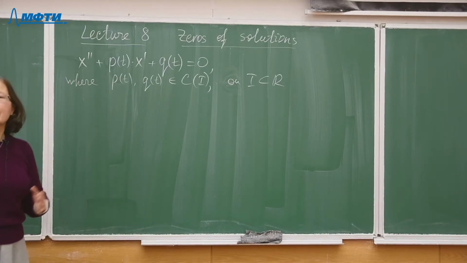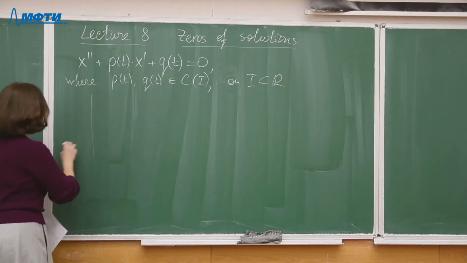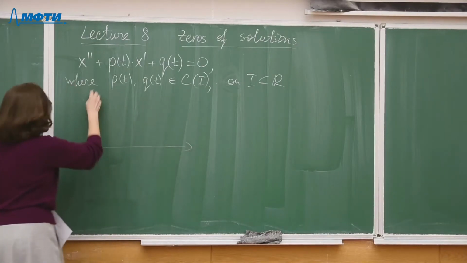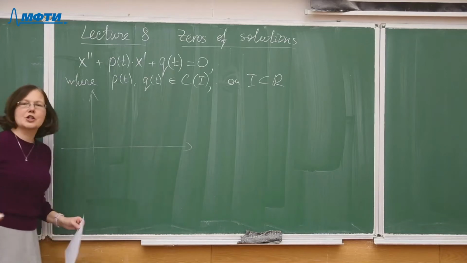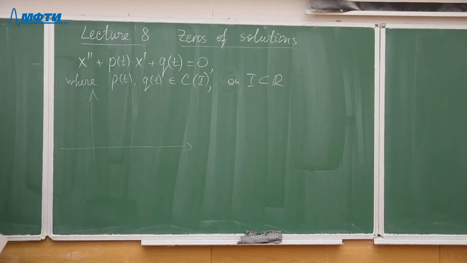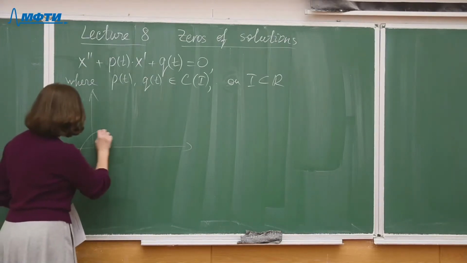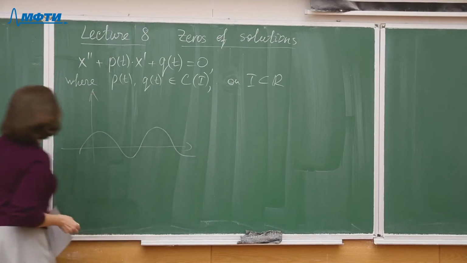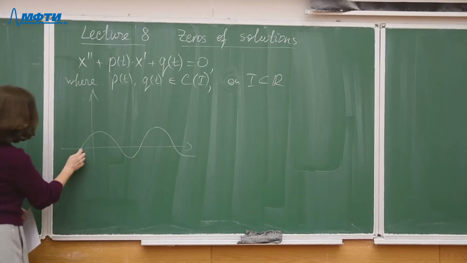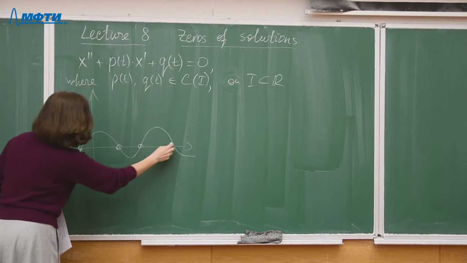It is related to oscillations of solutions. So if we are able to study their structure, the nature of zeros of solutions, we will be able to describe the oscillations of solutions. So you can see the zeros of solutions.